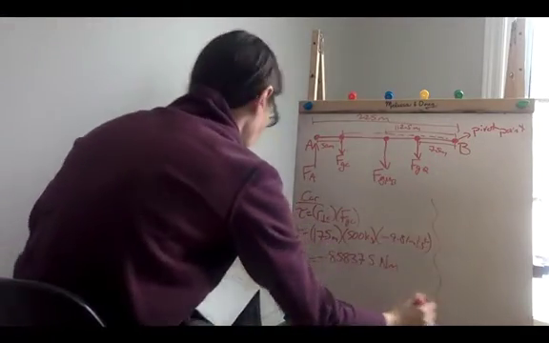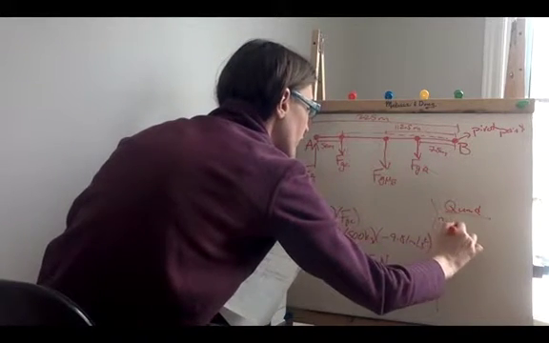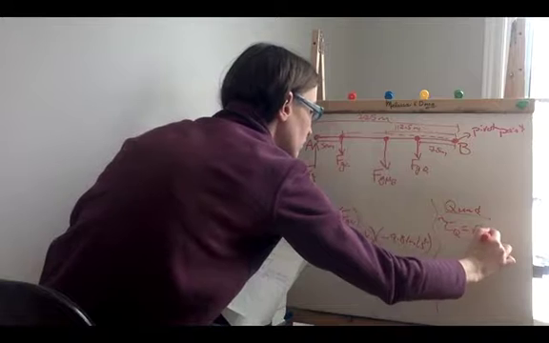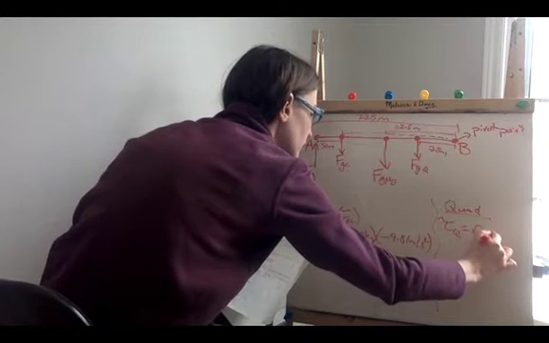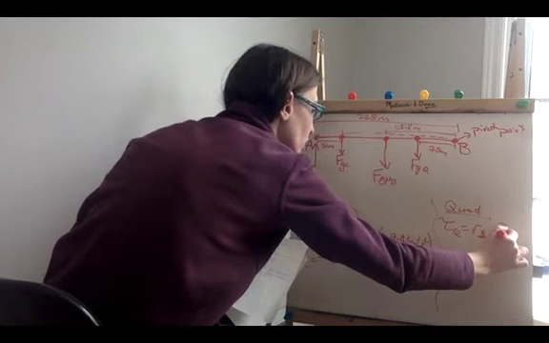We can do the same thing for the quad. So again, your torque of the quad is going to equal that distance of the lever arm multiplied by the force, and that's for the quad.